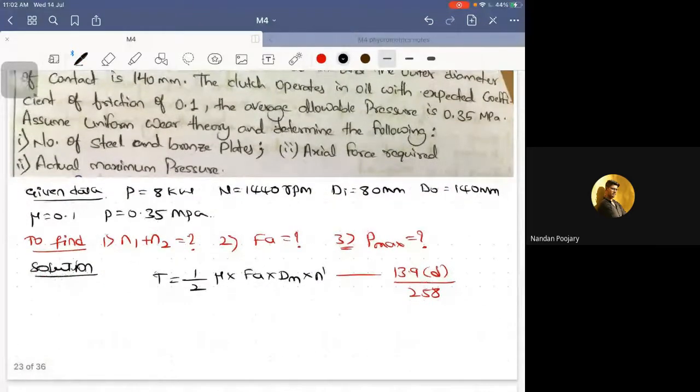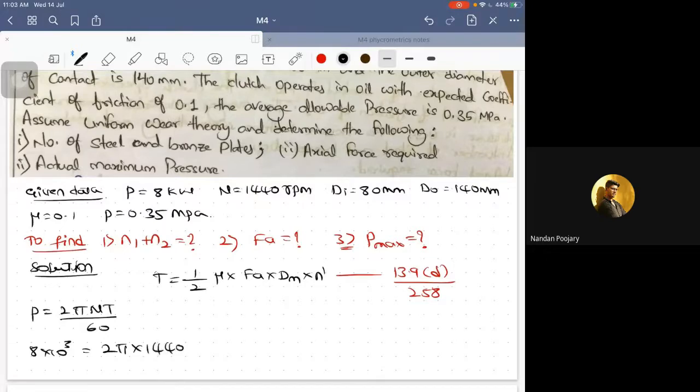So power is equal to 2 pi nT by 60. Substitute, it is 8 kilowatts, 2 pi running at 1440 RPM into torque divided by 60. So from this, the value of torque, whatever you get, if you get it in Newton meters, keep the value in Newton mm as well.